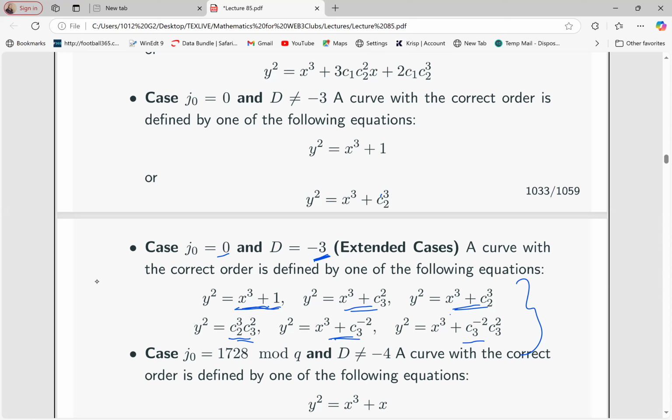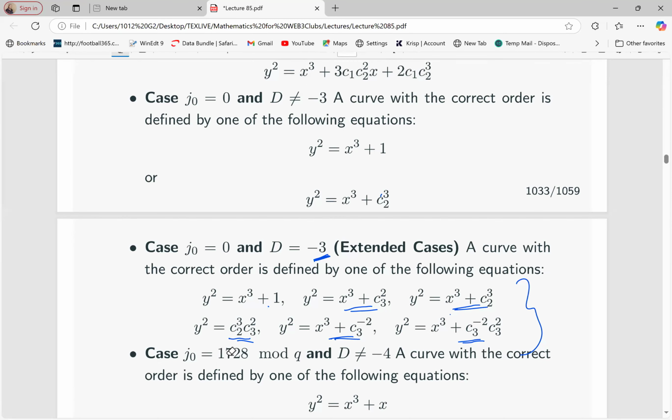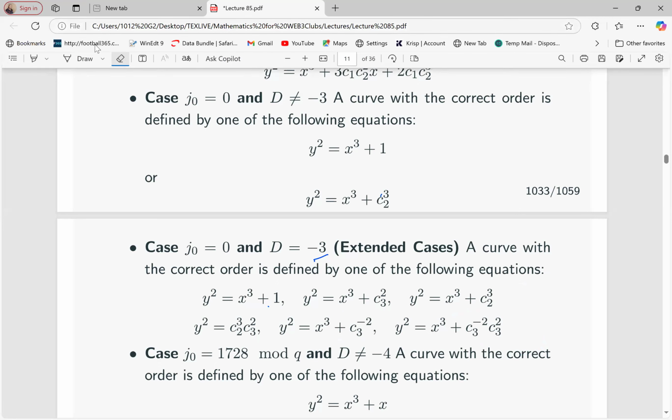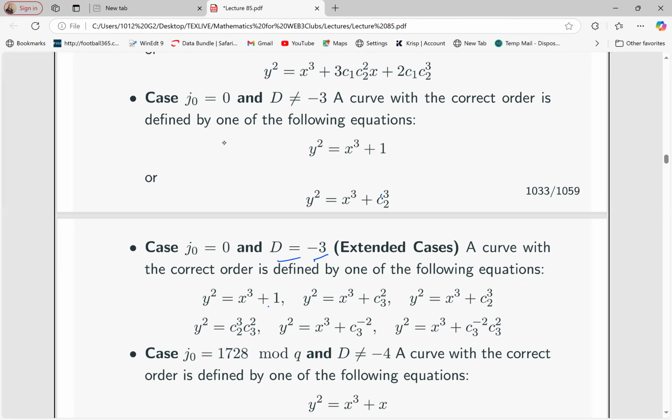This form has no A. And this form has no A. That has B. So you have seen curves that don't have A. That means while they were calculating, they discovered that the J invariant was 0, and their discriminant was either -3 or not -3.